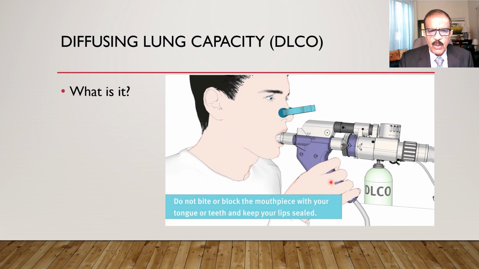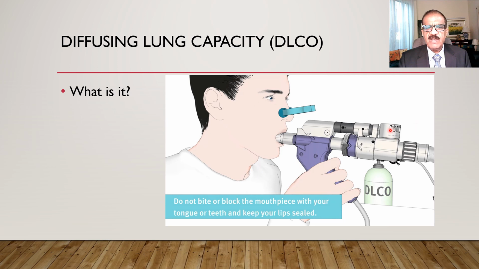So what they do is, the patient is first given training on how to perform this test. The patient is usually asked to take normal breaths from this. The clip is applied through the mouth. The patient takes normal inspiration and expiration, just normally, quietly, for a few seconds. Then the patient is instructed to take the fullest possible inspiration.